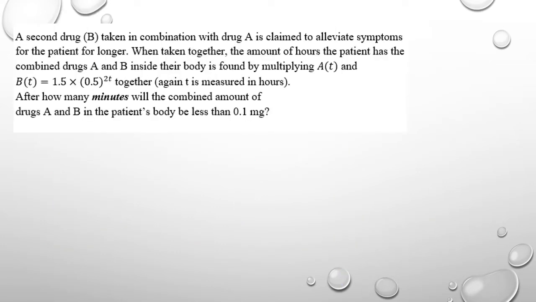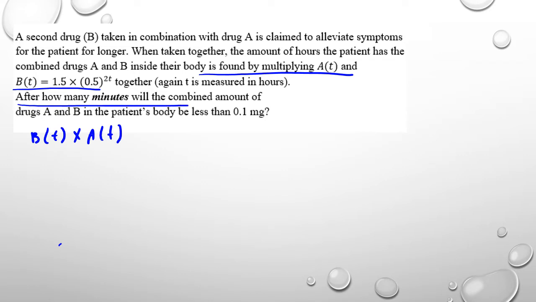Right, so first of all, we're going to multiply B of T times A of T, because that's how you find the combined amount of drugs. You can see that statement in here. That's how we found the amount of drugs. Why have I done that? Because the question right at the end says, after how many minutes will the combined amount of drugs be less than 0.1.